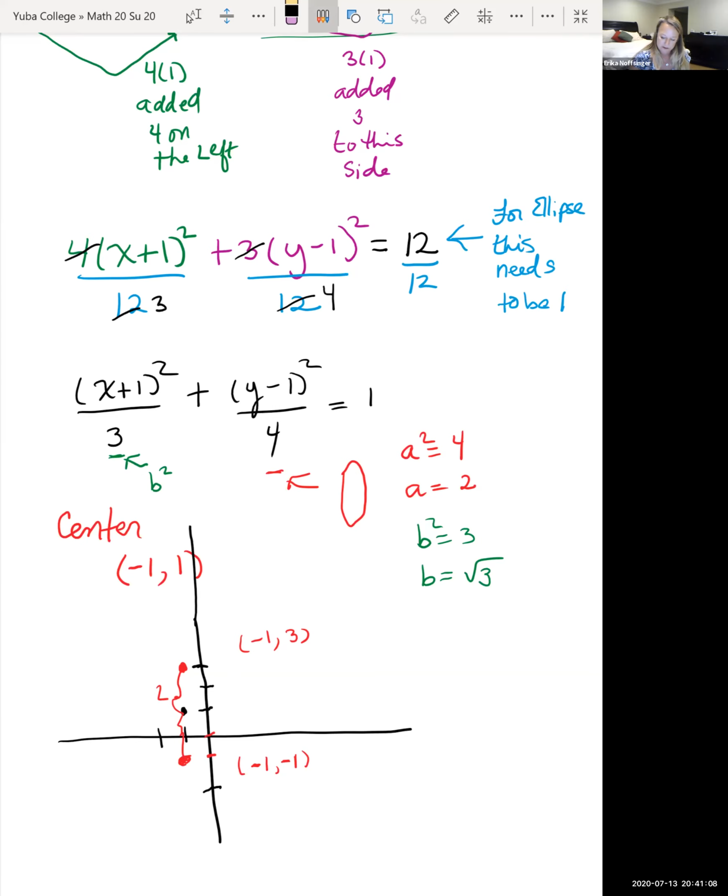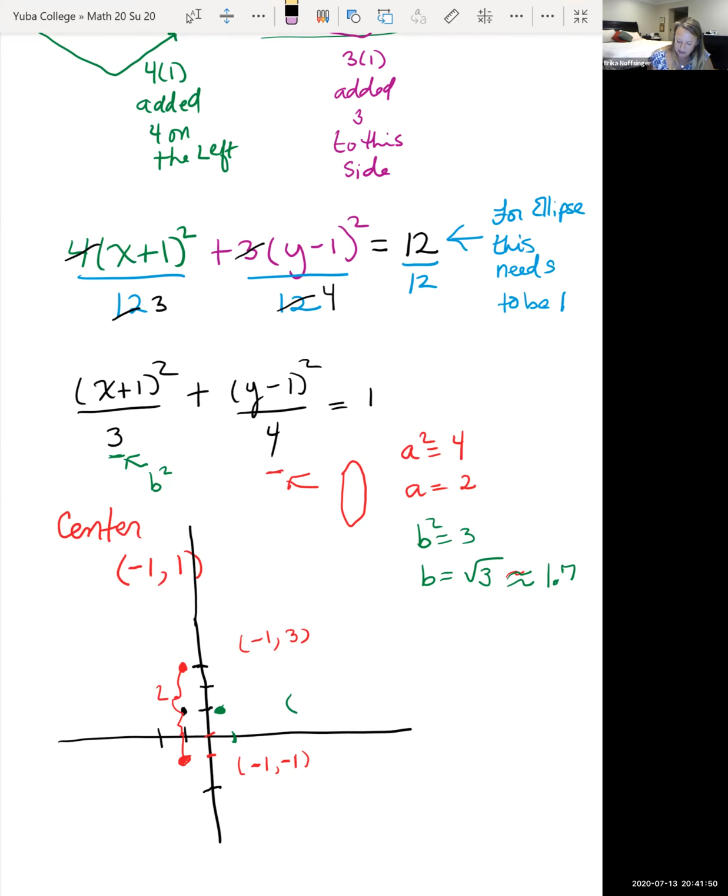B is a little more difficult in this case because it's a square root. Square root of 3 is, I believe, 1.7, but let me see. 1.73. So I would go left and right, 1.73, and this is why I was trying to make my intervals a little bigger, but then I was gonna run into the stuff above. So if I go over 1.7, so just approximate.